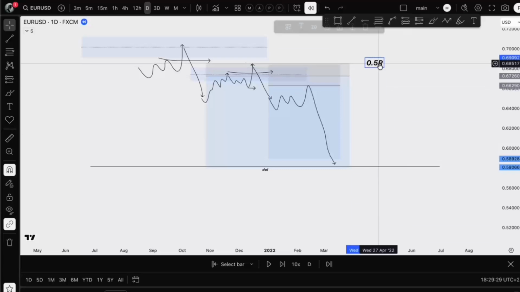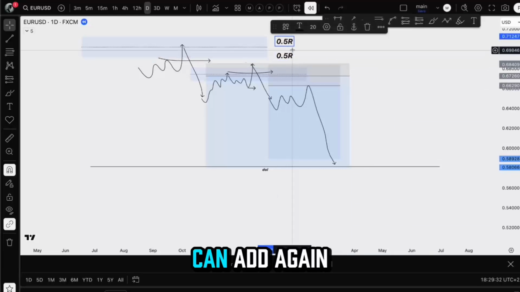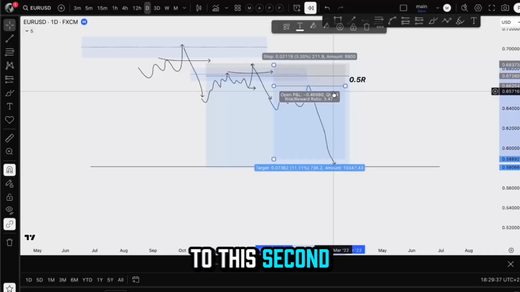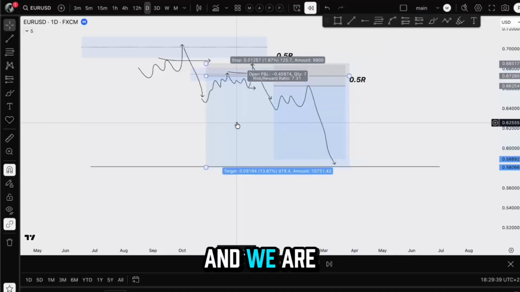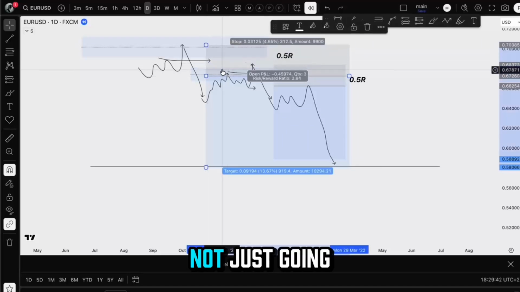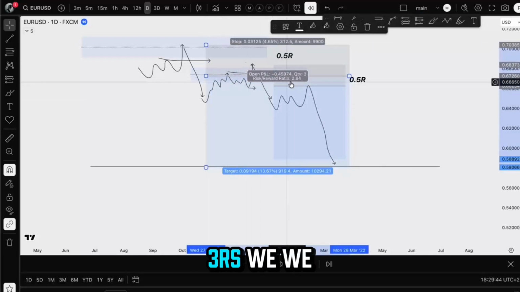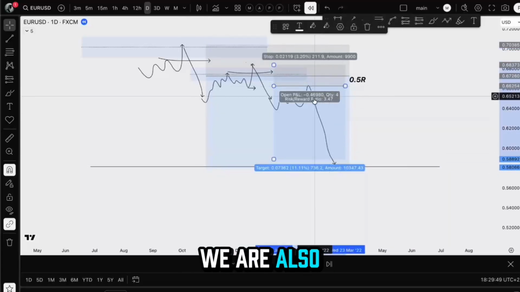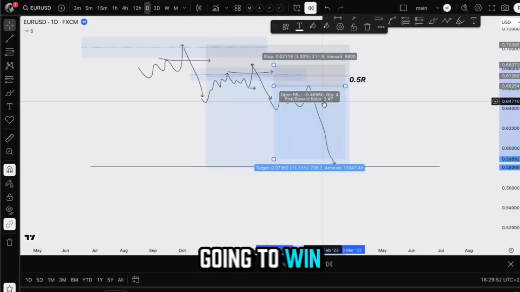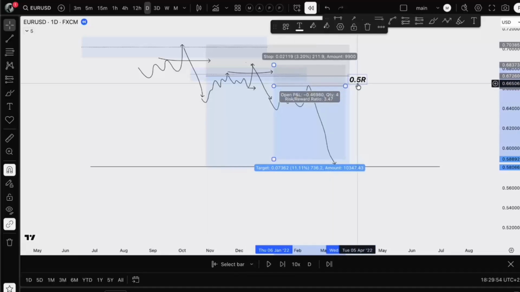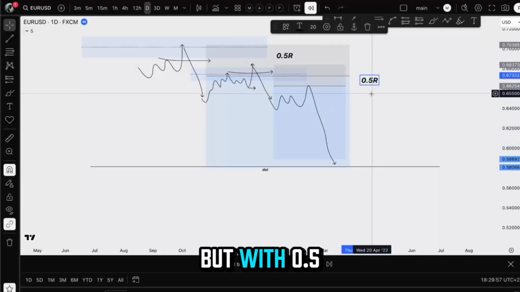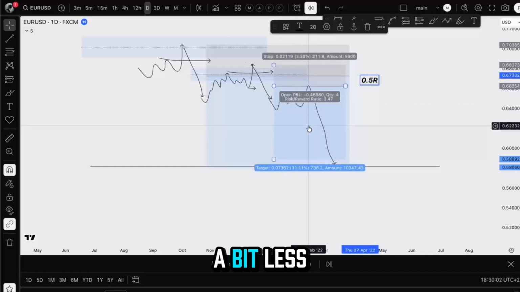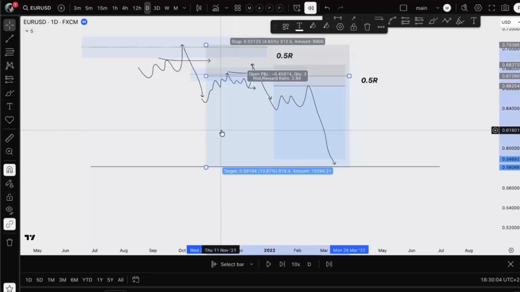Okay, and now we can add another 0.5 extra R to this second position, and we are now not just going to win the 3 R's we were aiming for with the first sell order, we are also going to win 0.5 R's with 0.5 risk. Okay, that's pretty much a bit less than 2 R's.